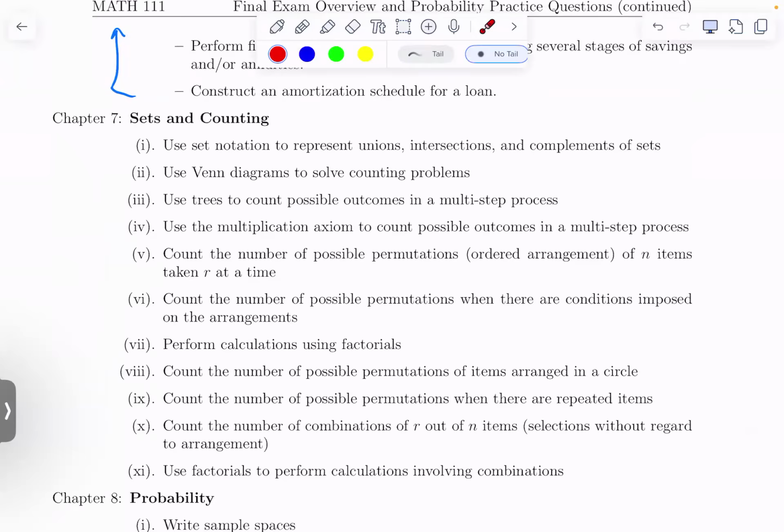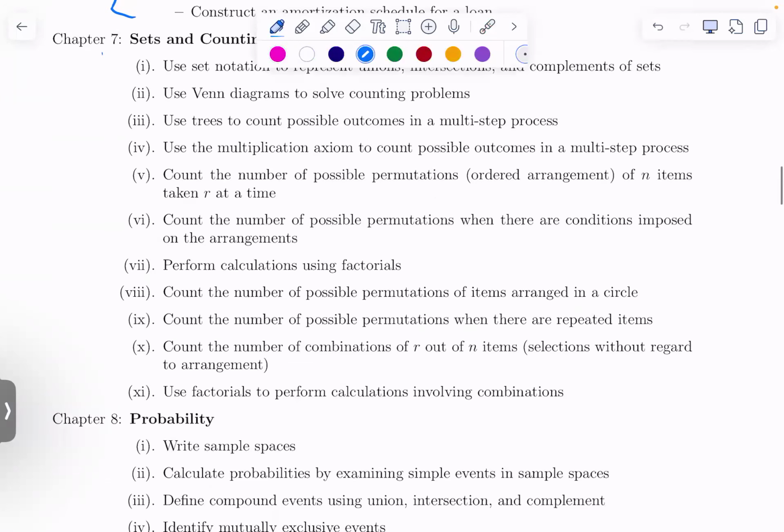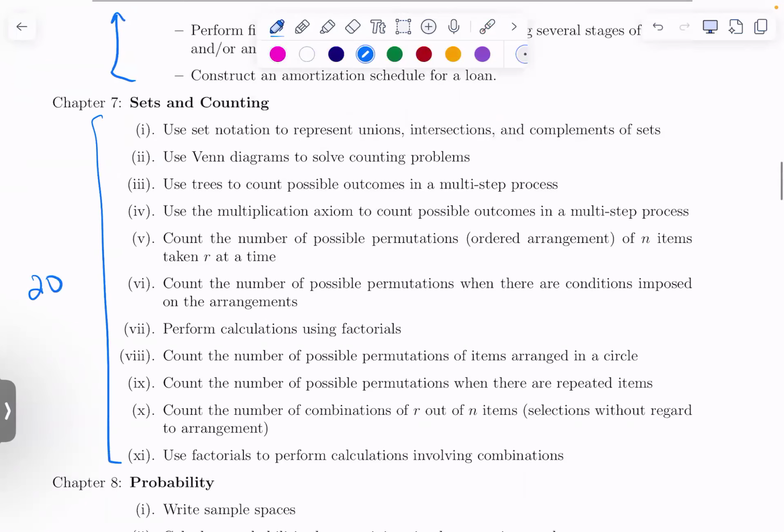Sets and counting. Sounds easy. And maybe now that we've done it, it kind of is, but there's some curveballs, I think. But sets and counting will be roughly 20 marks. We covered a lot of ground here, right? So set notation, we talked about unions, intersections, and the complement of sets, using Venn diagrams to solve counting problems, right?